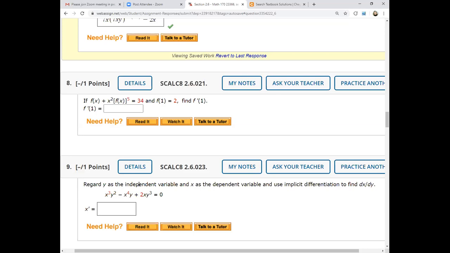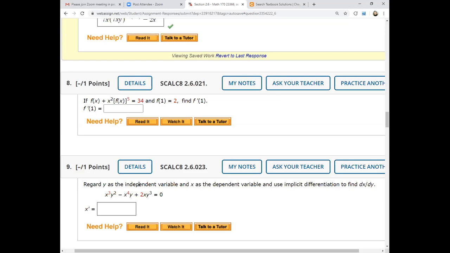So you get f prime of 1 plus 2 times 1 times f of 1 raised to the 5th power plus 5 times f of 1 raised to the 4th power times f prime of 1 times 1 squared is equal to 0.